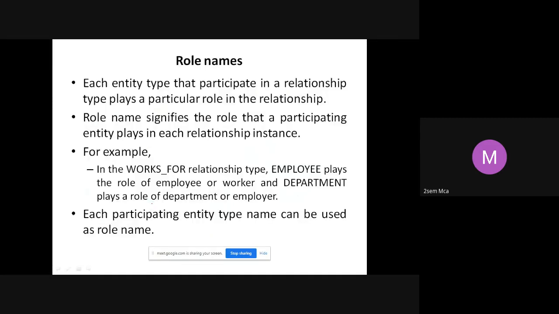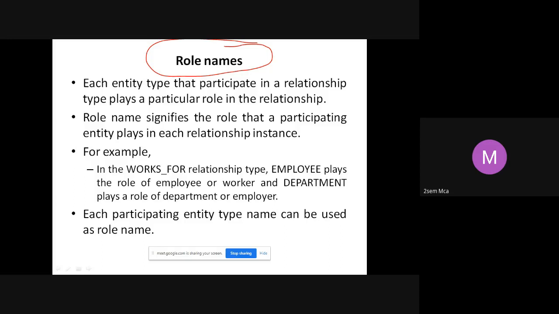Now, the next important concept we'll be learning is, what do we mean by a role name? Now, we saw what is an entity, we saw what is a relationship, and how these entities are participating in the relationship. Now, role, you have some role to play, correct?